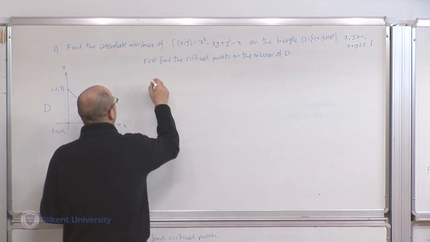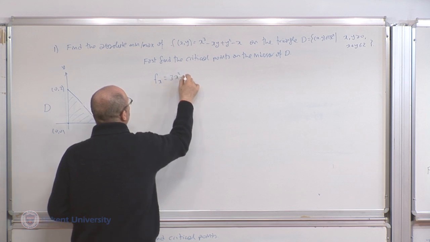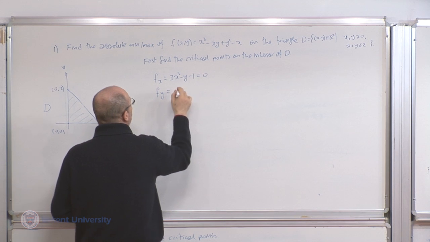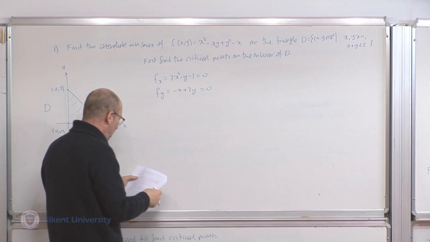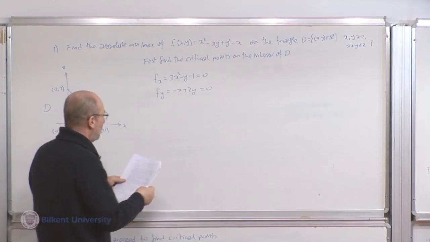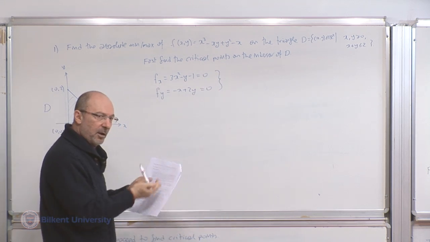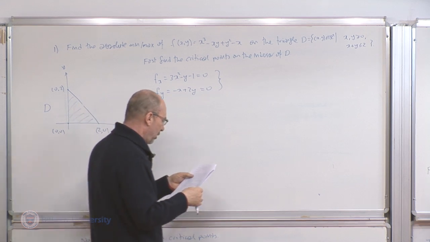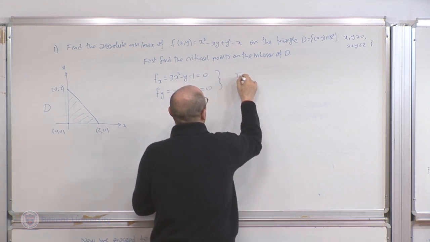Okay, so we have fx equals 3x squared minus y minus 1 equals 0, fy equals minus x plus 2y equals 0. So, okay, we'll solve this. Let me skip, since this is given on the Moodle. I'm just explaining how this works. So we have 2 critical points.